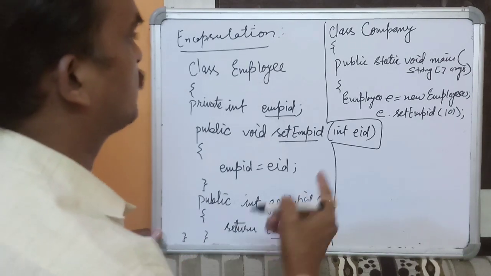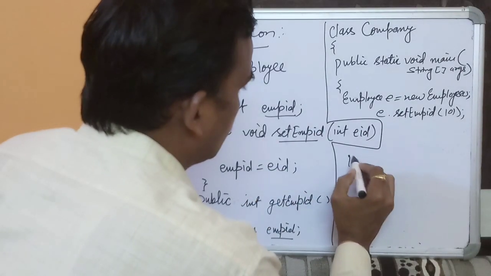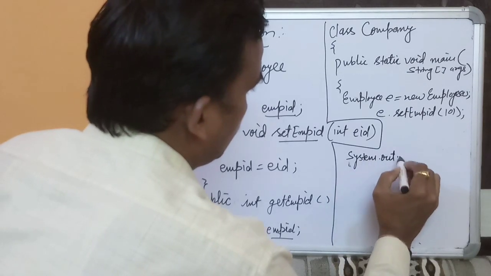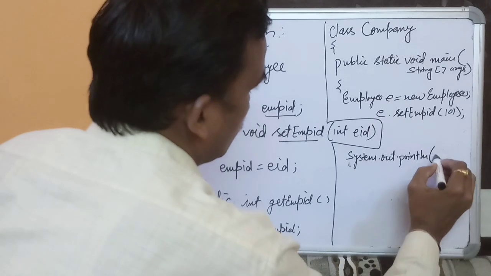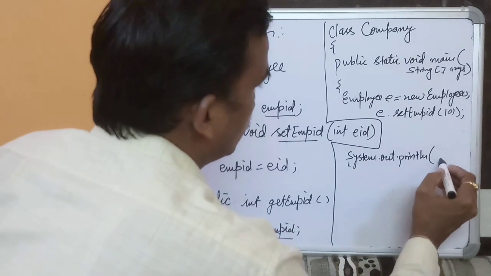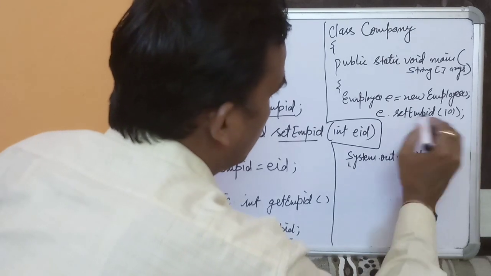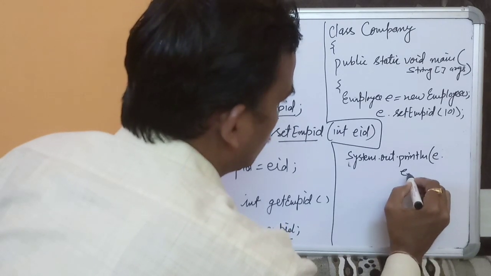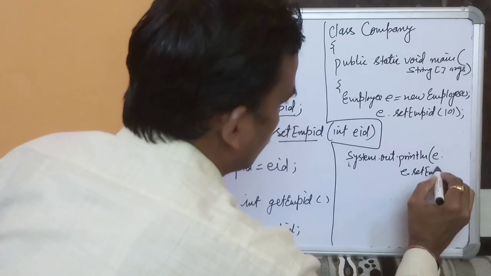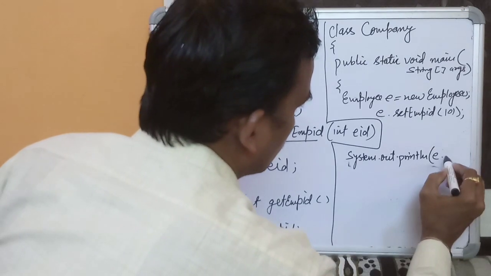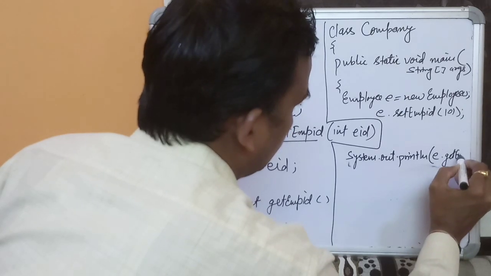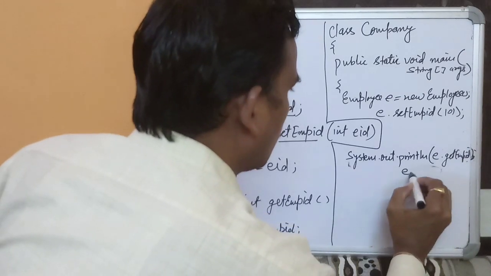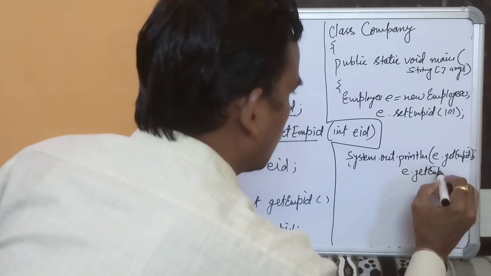Now we will print that employee id. We write system.out.println, and here we will call the value using the method: e dot get empid.